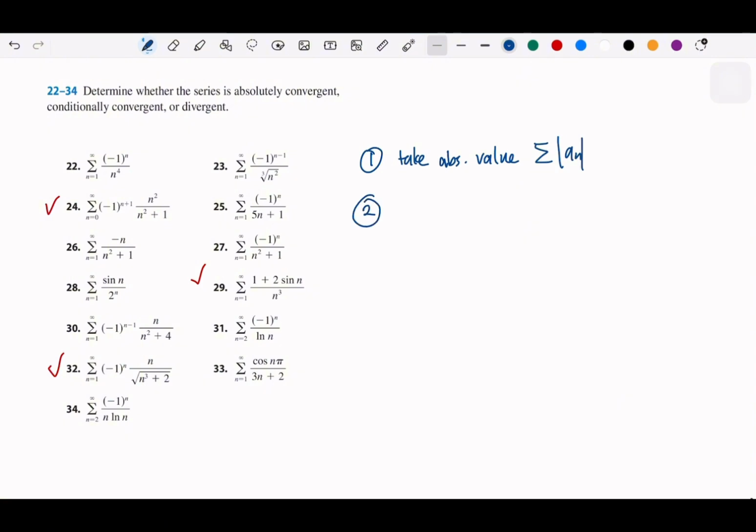And then the second one, take the limit. I think there are a few steps that should work for all of you. So take the absolute value, which means that we are going to take the limit of this.